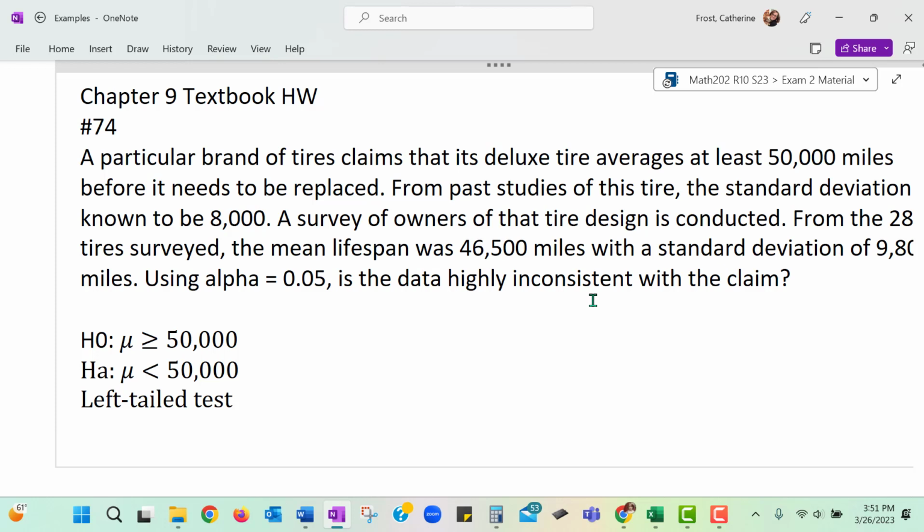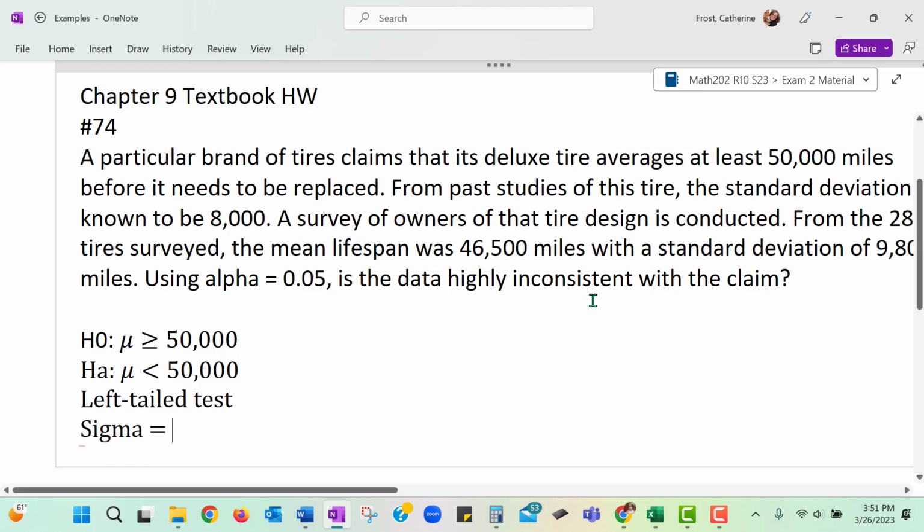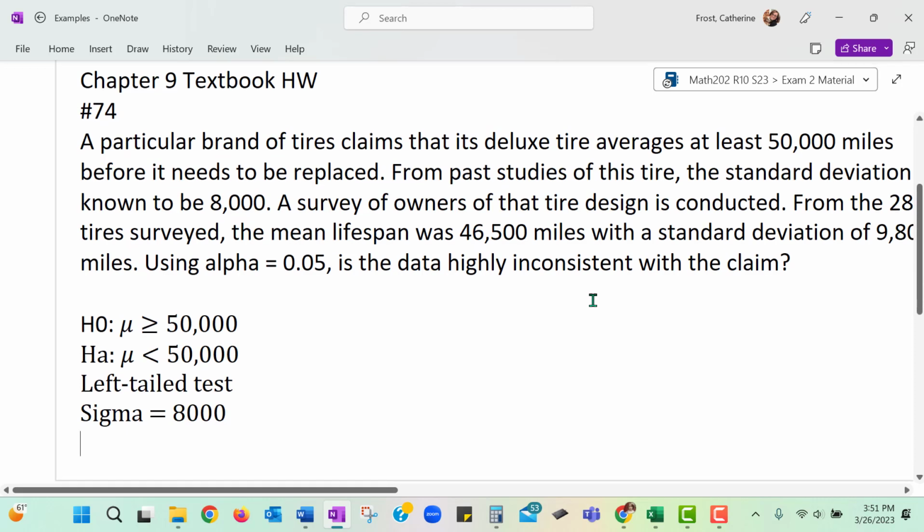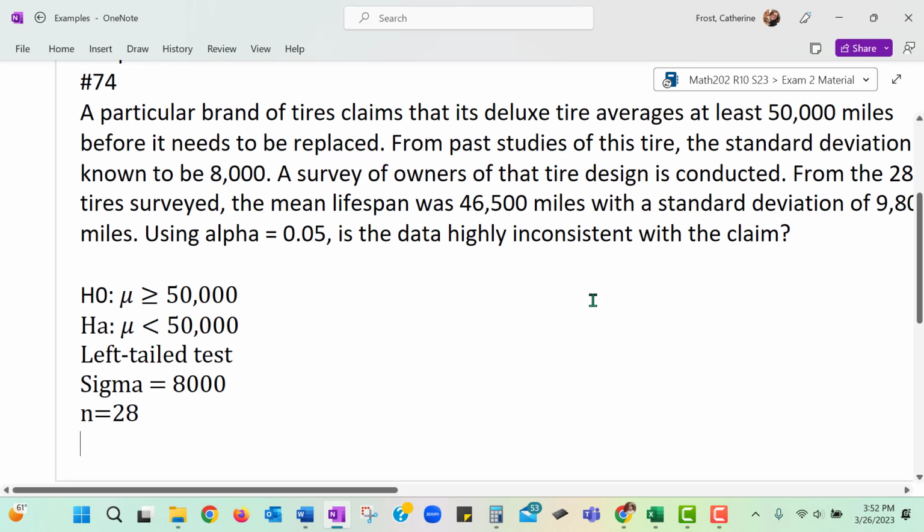And we need to notice a couple of things. So our population standard deviation, sigma, is 8,000. And then they gave us 28 tires, so our n, our sample size, is 28. And then x bar, the sample mean, is 46,500.